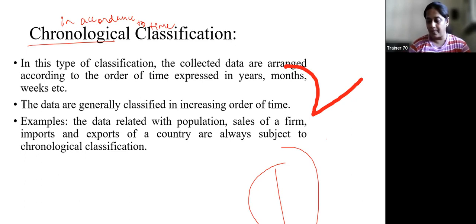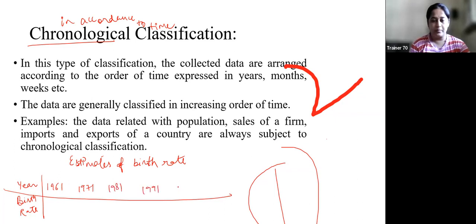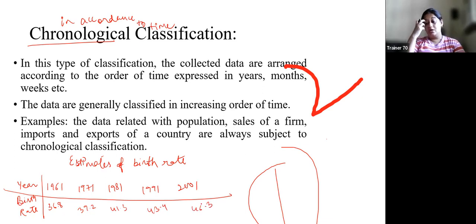For example, if I make this table, so this is what?